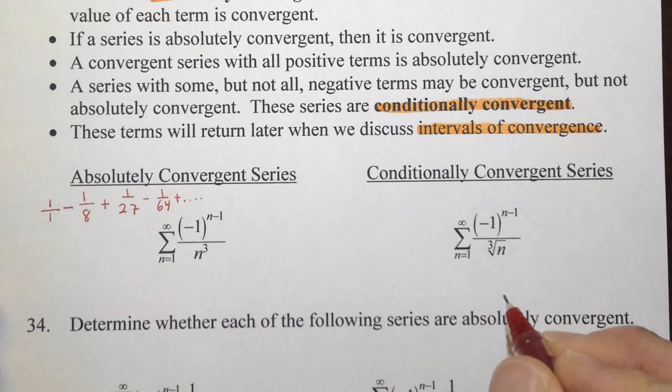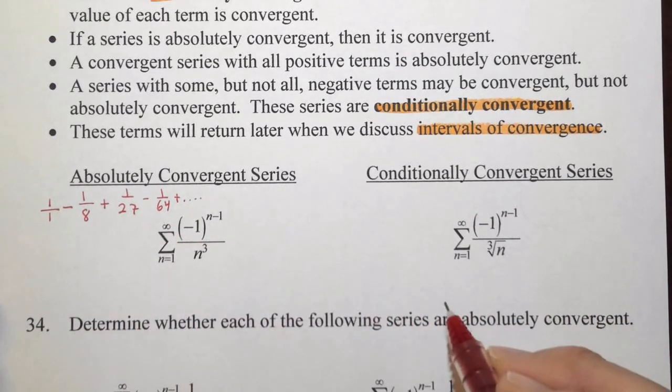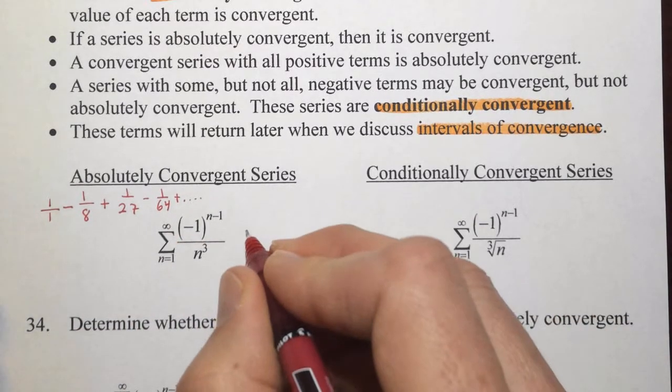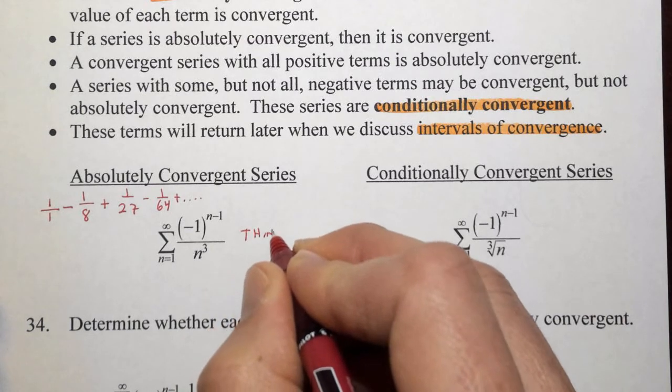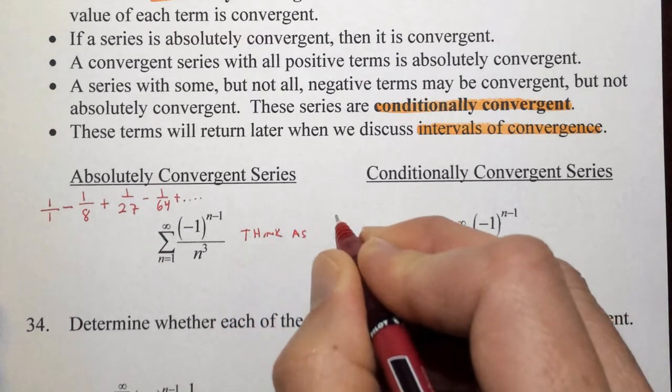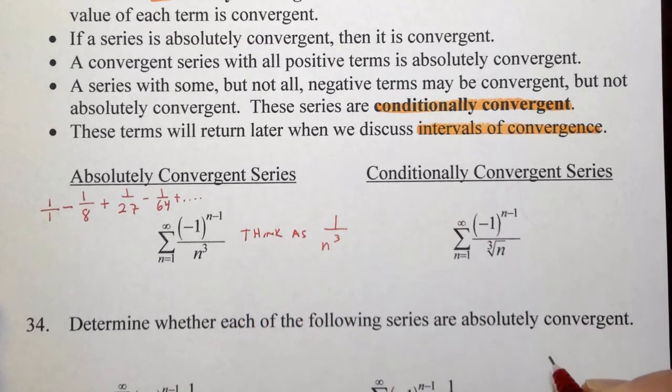So what we're really looking at here is what's going on if we just look at the positive terms. In essence, we're going to think of this as just 1 over n cubed.